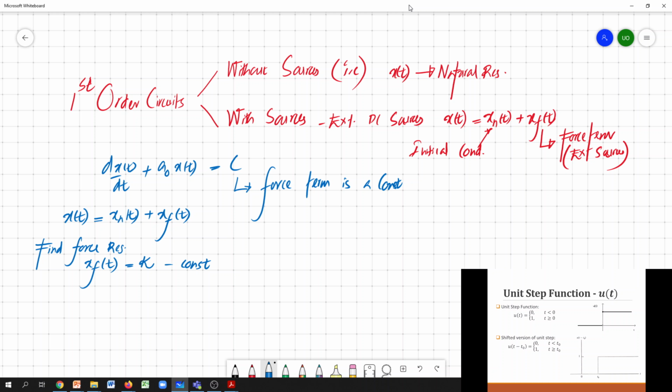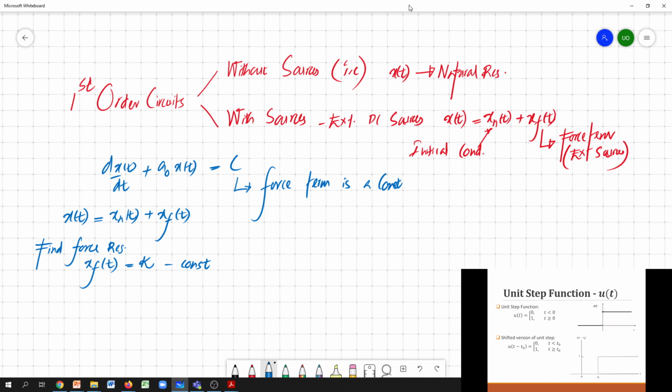If it is a trigonometric function, you can use a generic trigonometric function as the trial solution. Likewise, if it is a constant in your forced term, the trial solution for the forced response is again a constant k, which is not exactly the same as the constant c on the right hand side of the differential equation. If this is a solution of the original differential equation, it should satisfy it.